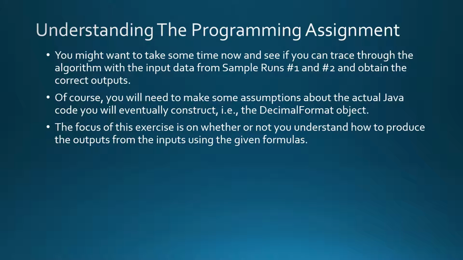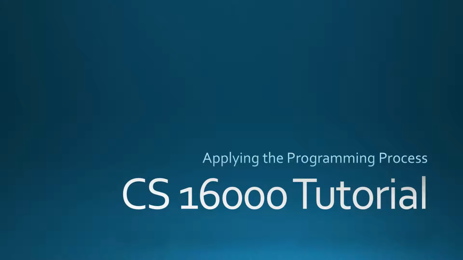If you can do this, you can feel fairly confident that you understand the programming assignment, you understand the algorithm, and you understand the relationship between the inputs, the computations, and the outputs. Now you should feel fairly confident that you're ready to move on to the coding phase. So the next thing we'll take a look at is how to apply the programming process.